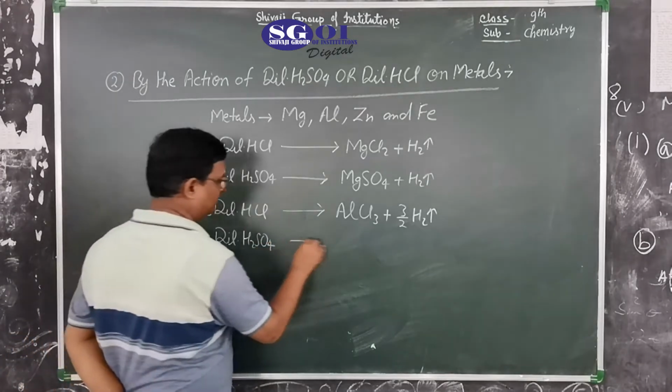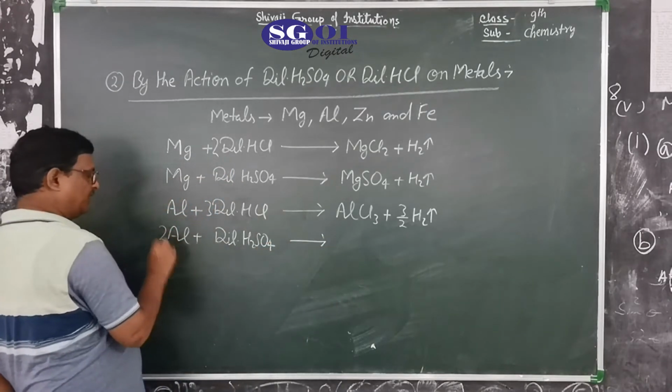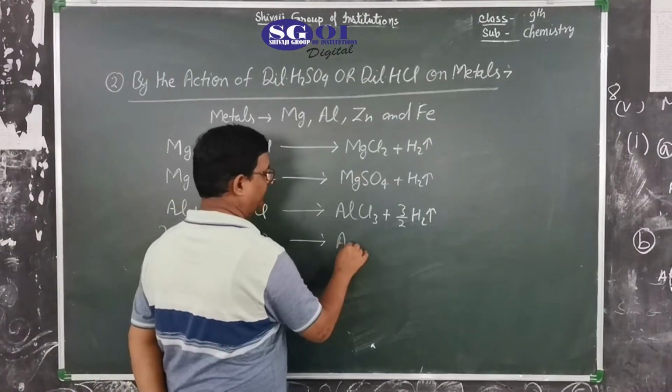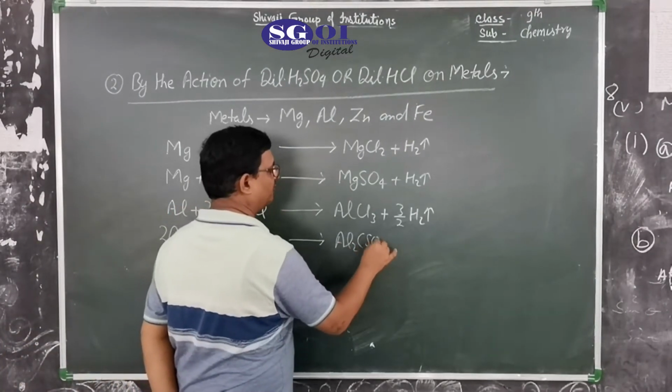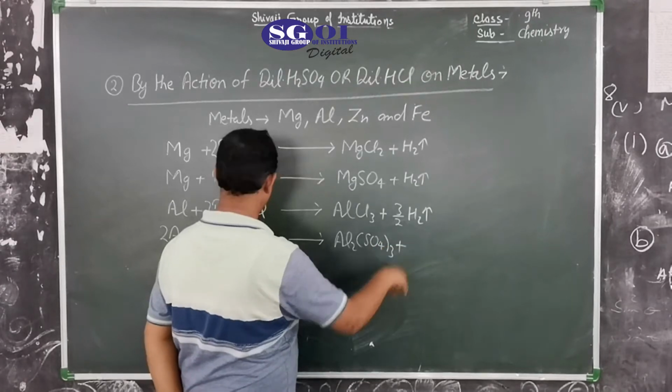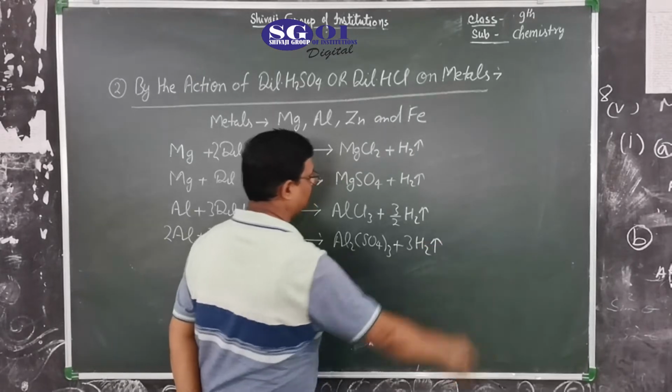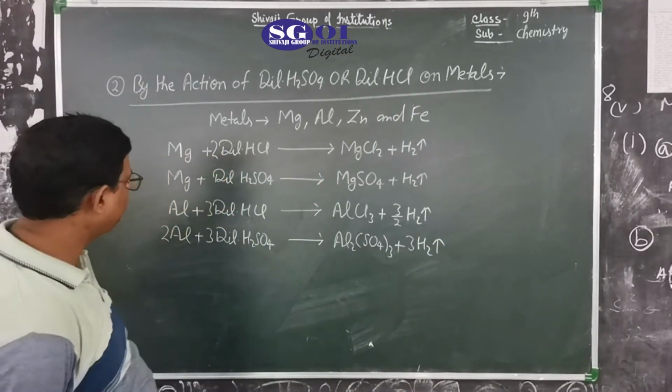In this case, 2 moles of aluminium react with 3 moles of H2SO4 to get Al2(SO4)3 with the removal of 3 hydrogen gas.